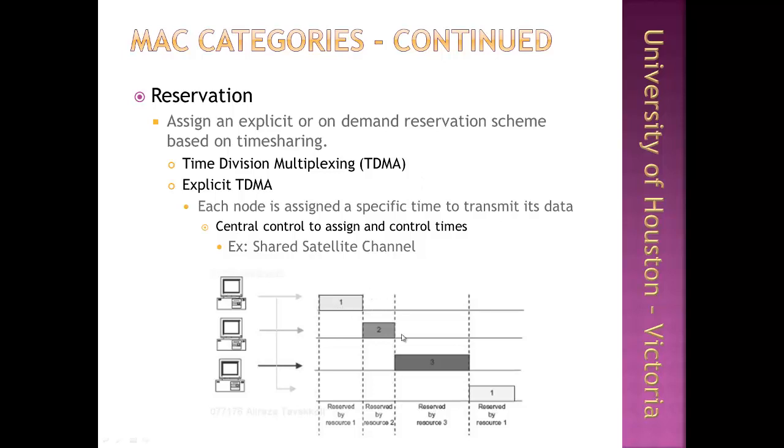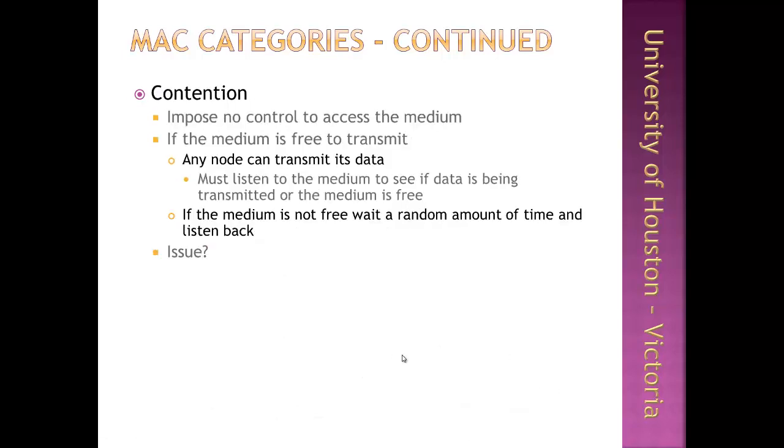And when the allocated time changes to the reserved area for node 2, which is the second node down here, then node 1 stops sending the data, gives the network to node 2 and to node 3, and waits until its allocated time arrives, and then it resumes sending the data. That's shown at the bottom of this picture here.